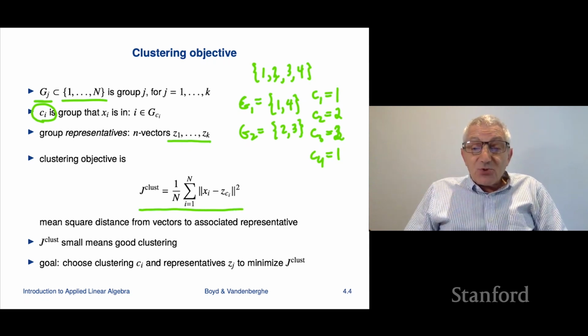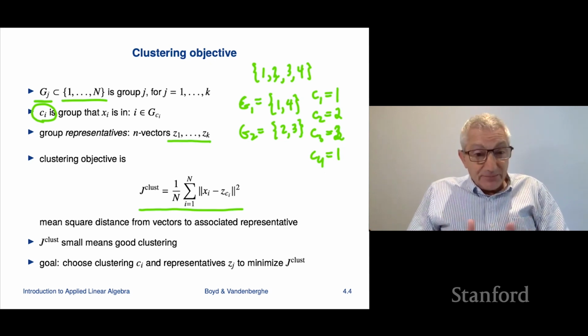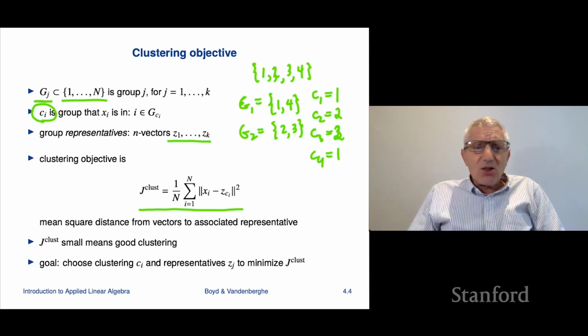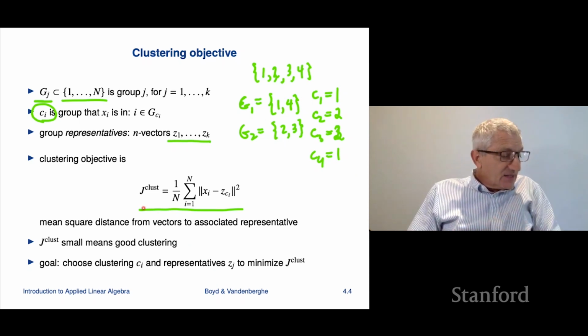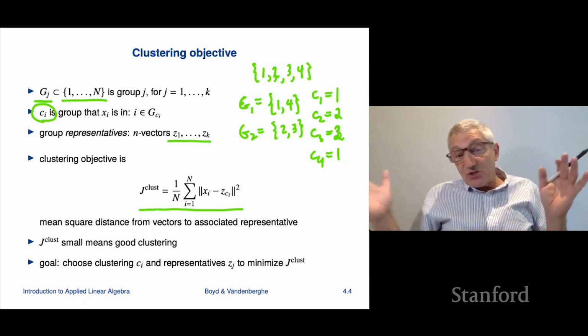But then the idea is we say that if that objective is smaller, we like that clustering better. So you should be very suspicious of people who tell you about something and launch into a method before they tell you what it is that would make them happy. So now I'm telling you what would make us happy. What makes us happy is this J clust being small.